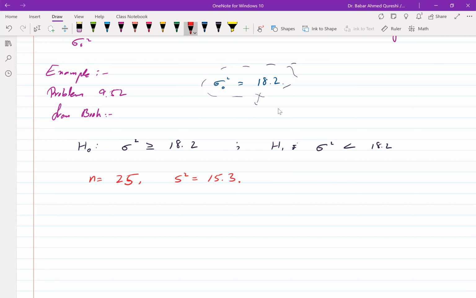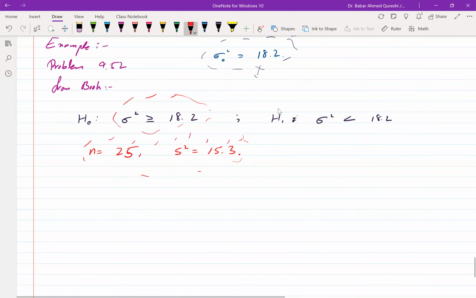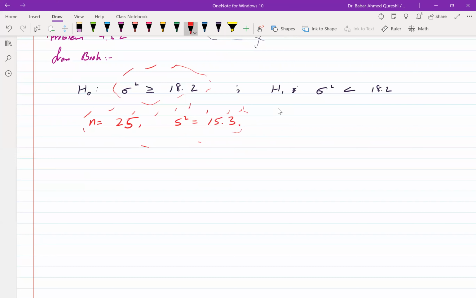Now, this looks smaller than this assumed value, but we're going to test whether it's small enough that based on this we can reject H naught at, let's say, 0.05 significance.